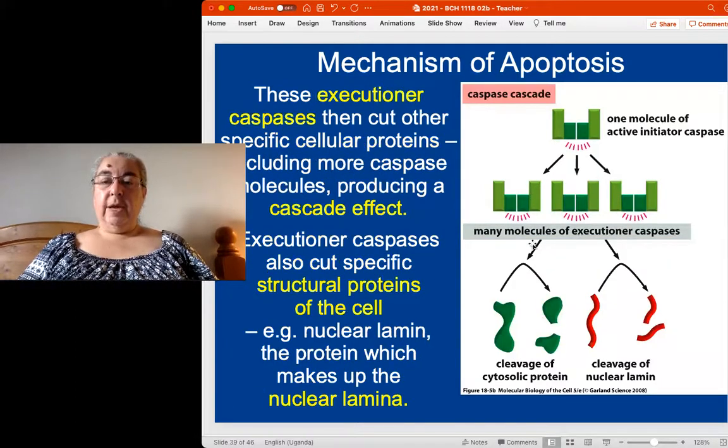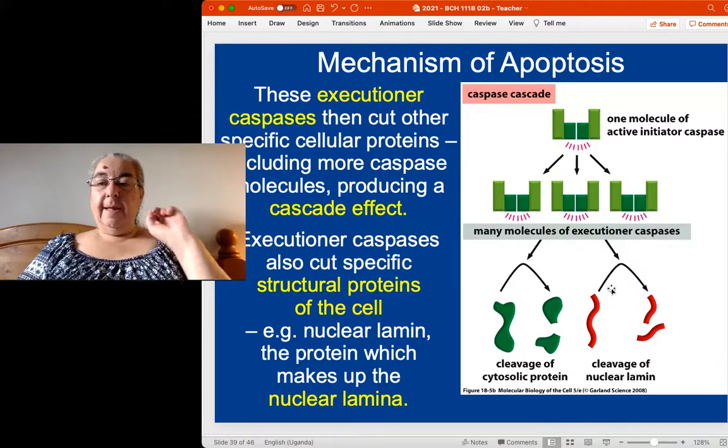Okay, so here are proteins being cut up by the executioner caspases, the proteins in the cytosol, the cytoplasm of the cell. Other types can cut up other proteins, such as the proteins that make up the nuclear lamina.